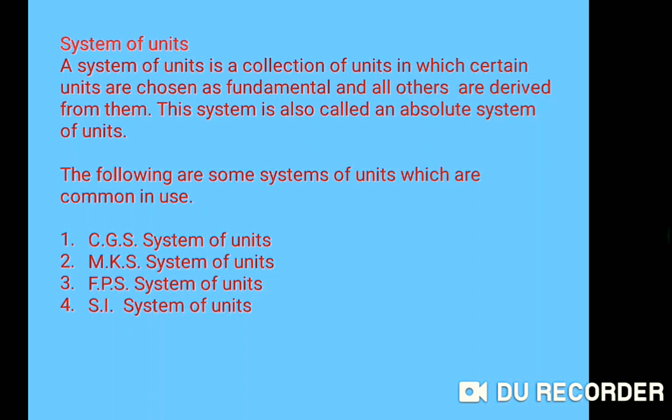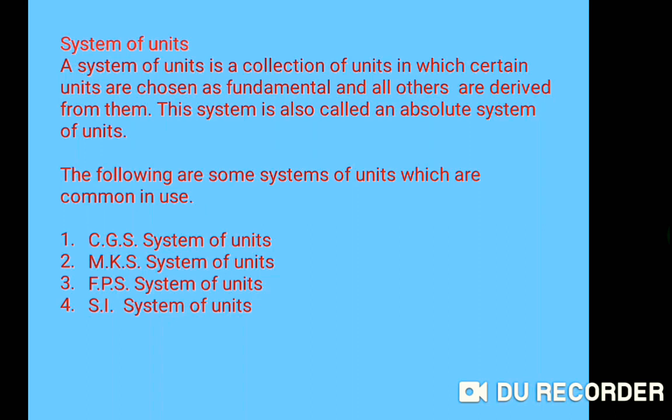System of units. What do you mean by system of units? A system of units is a collection of units in which certain units are chosen as fundamental and all others are derived from them.